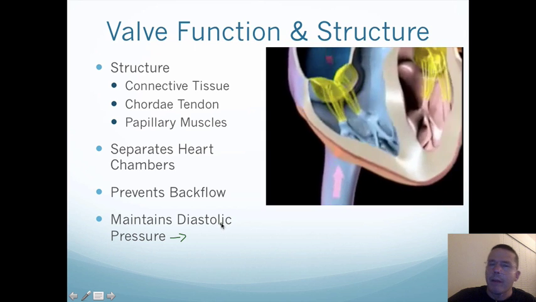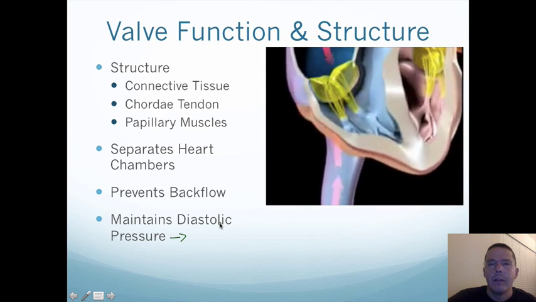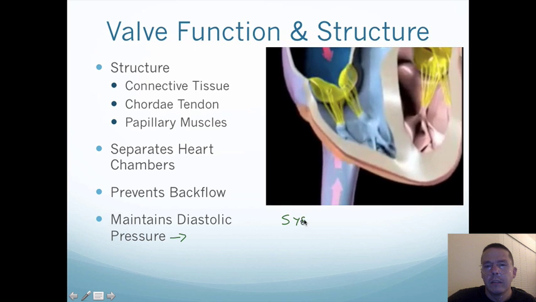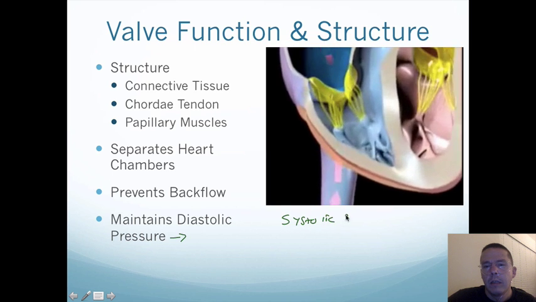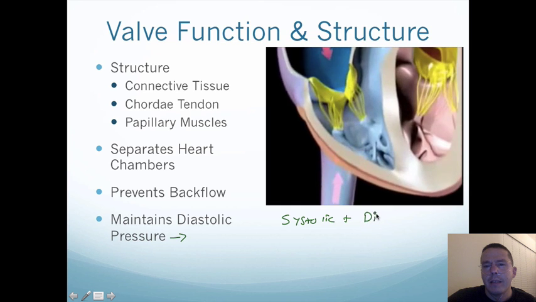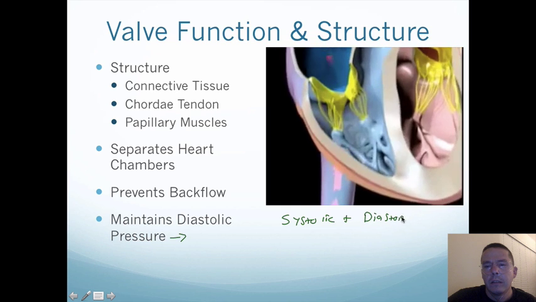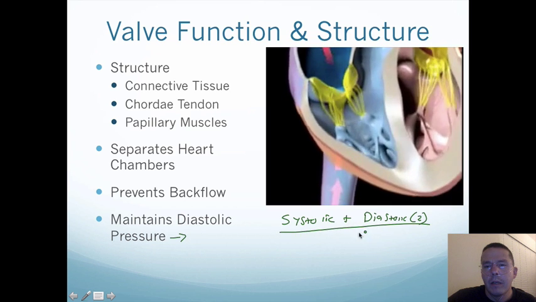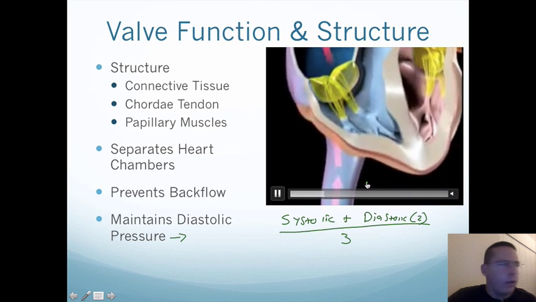If you remember from the previous slide where I was talking about the calculation for mean blood pressure, which is systolic plus diastolic times 2 divided by 3.